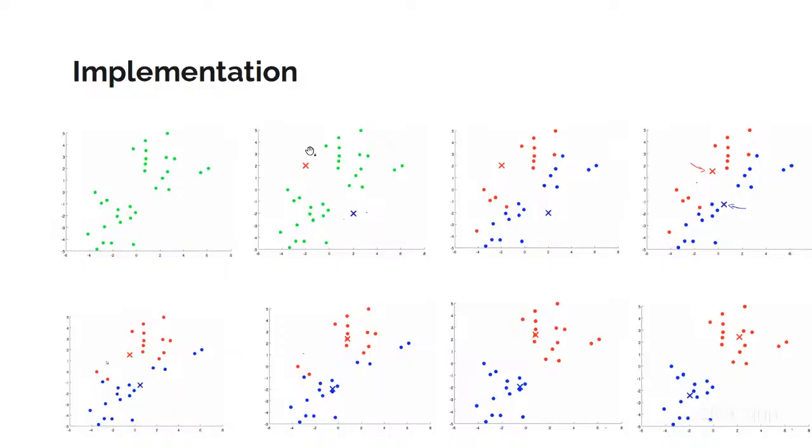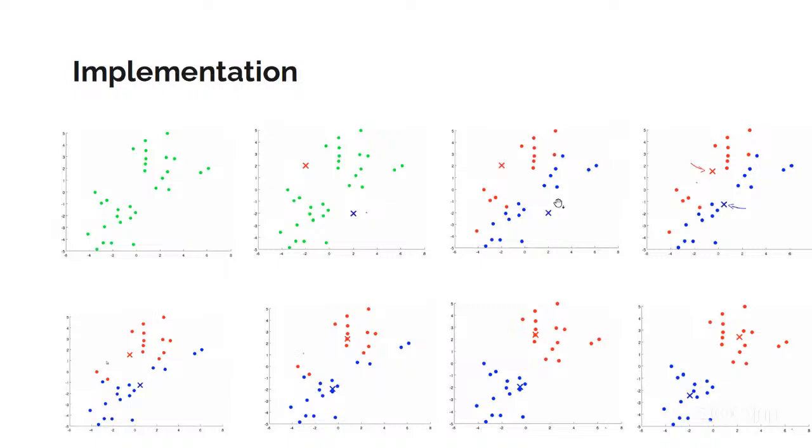Okay. Now, what you do is for each point in this diagram, calculate the distance with respect to red and blue. Okay. If the distance with the red color is lower than the distance with the blue color, it will be assigned to the red cluster, as you can see here.